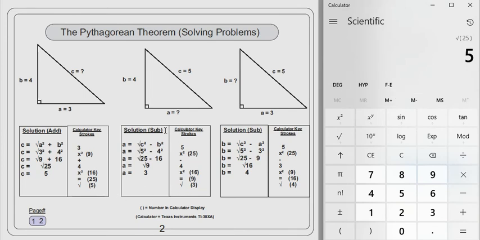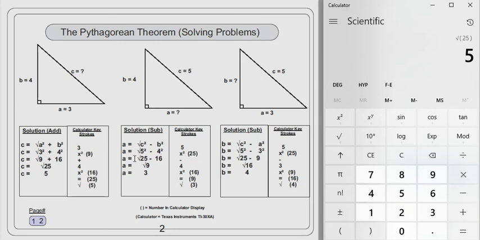Now let's move over to this triangle here, and we're going to imagine that this is an unknown value. We actually know the answer is 3, but we're going to imagine that we don't know that yet. So the solution is A, linear A, is equal to the square root of C squared minus B squared. And it's equal to the square root of 5 squared minus 4 squared.